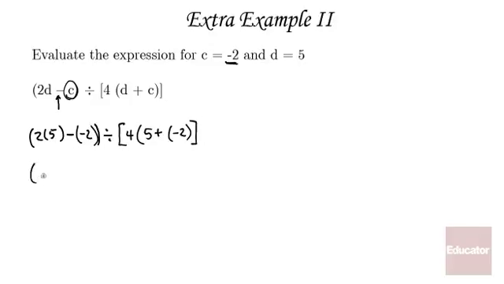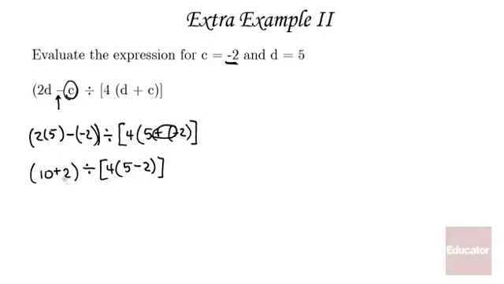2 times 5 is 10. And then a negative times a negative becomes a positive 2. Next, I'm going to go here and evaluate a little bit here. These are going to give me a negative. So it's going to be 4 times 5 minus 2. Make sure that you don't do too many steps at once because that might cause you to miss a step.